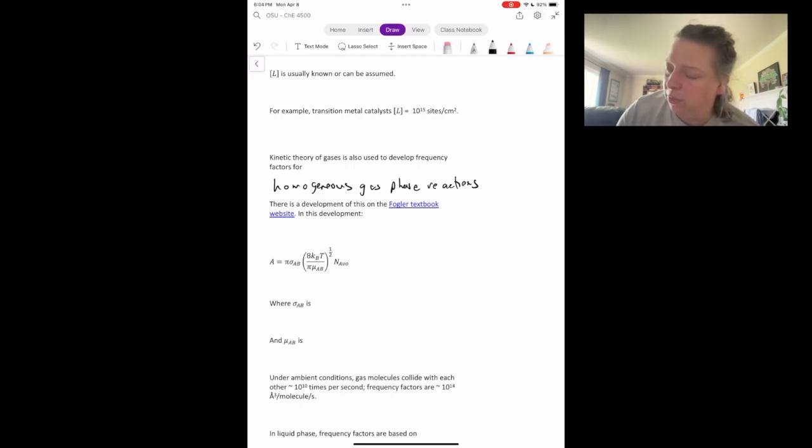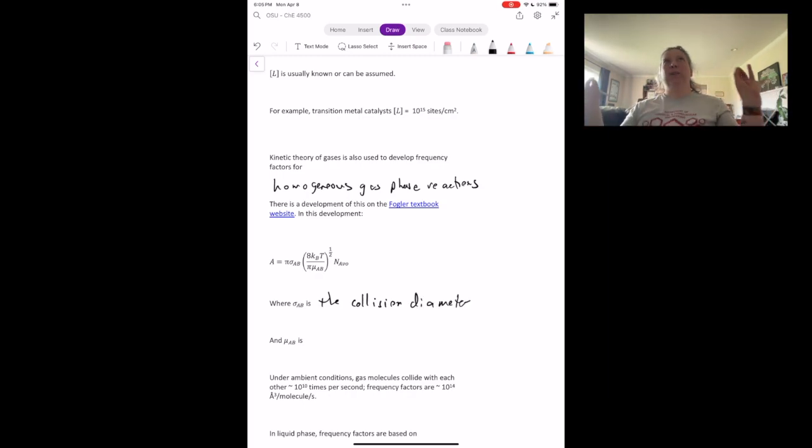I'll just give you the final result. We get an expression for the frequency factor that looks like this. In this equation, the sigma AB term is going to be the collision diameter. So if two molecules, A and B, are passing by each other, what diameter is required for them to collide?